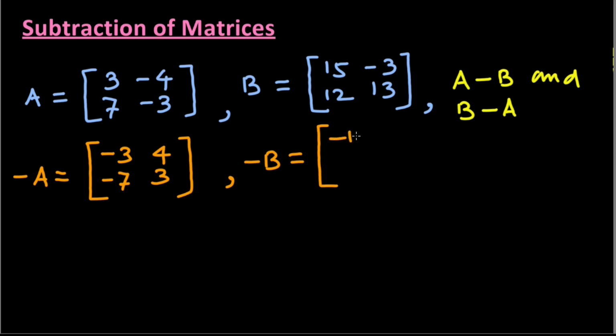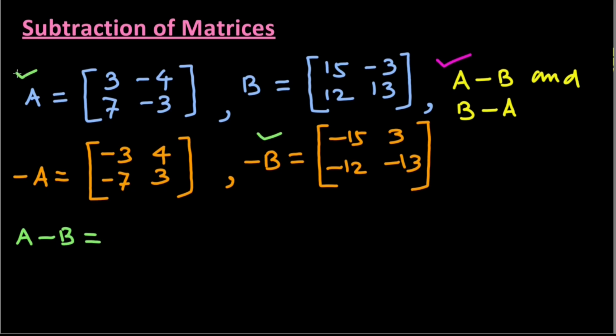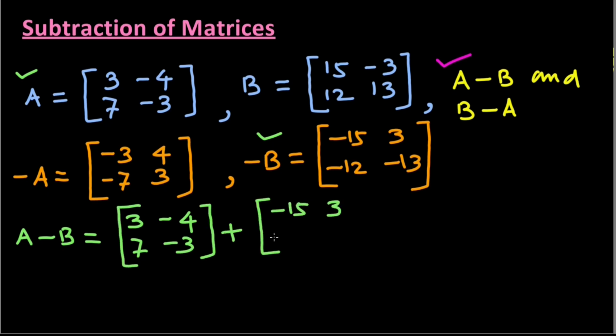So it will be minus 15, 3, minus 12, minus 30. Now to find A minus B is to add minus B to A. So A minus B will be the same as adding minus B to A. So it will be 3 minus 4, 7 minus 3 plus minus 15, 3, minus 12, minus 13.